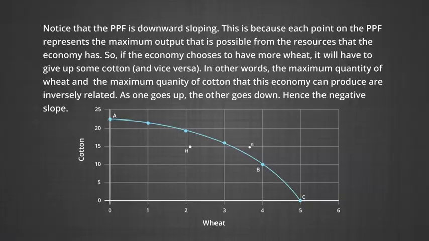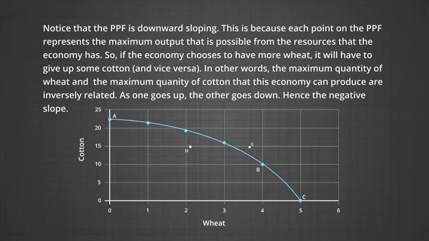Let us now look at the shape of the PPF. The PPF is downward sloping and it's bowed out. Notice that the PPF is downward sloping because each point on the PPF represents the maximum output that is possible from the resources that the economy has.